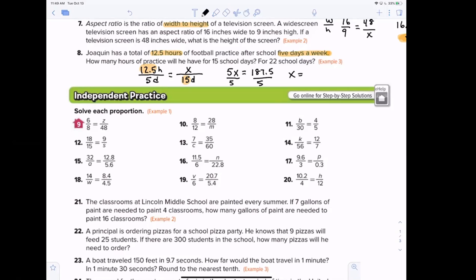187.5 divided by 5. Do that on your calculator. 187.5 divided by 5. What did you get? I got 17. Can you do 187.5 and divide it by 5?